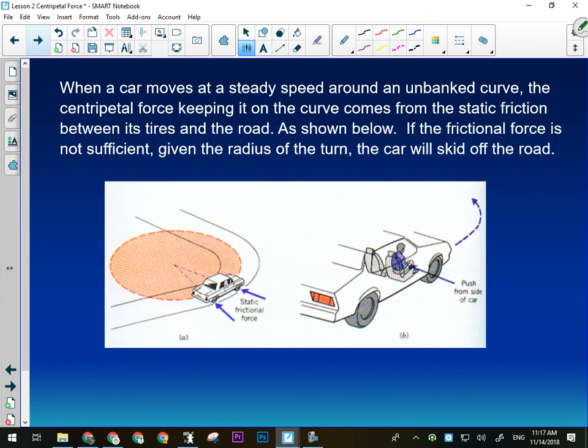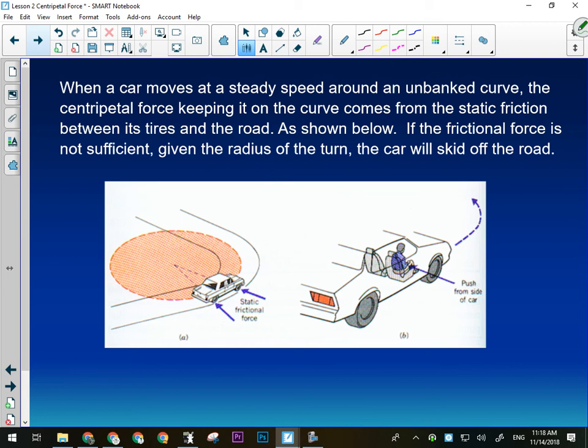All right, so when a car moves at a steady speed around an unbanked corner, so that's a corner that's level, the force that acts as a centripetal force is friction, static friction in this case. Static friction is what keeps you in an unbanked corner. What if I drift it? I'm cooler, definitely. Okay, but am I relying on static or kinetic friction if I drift the corner?